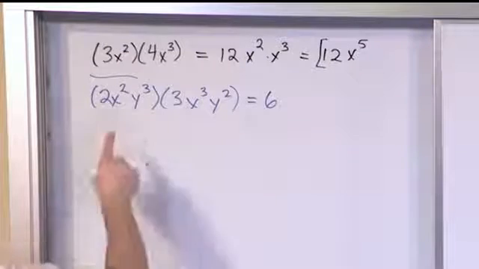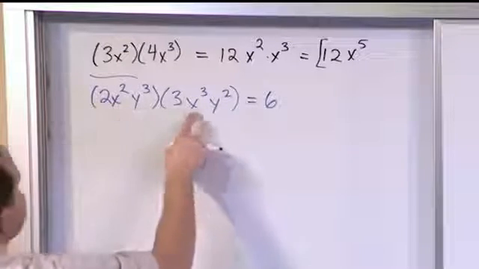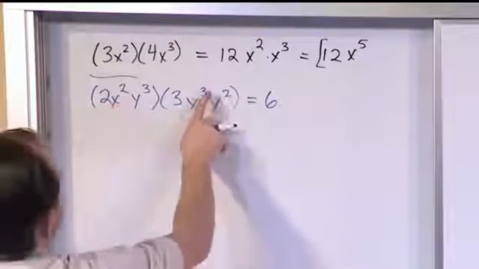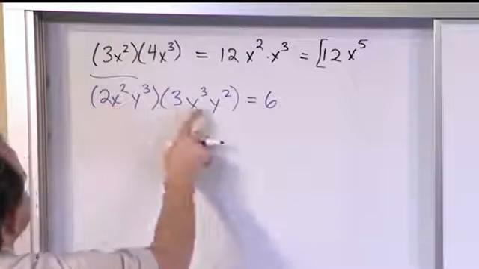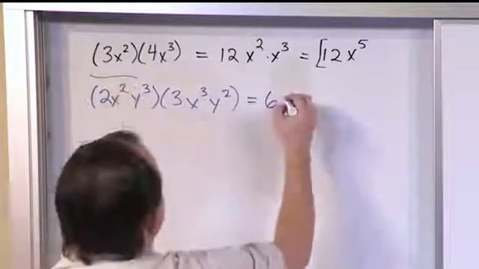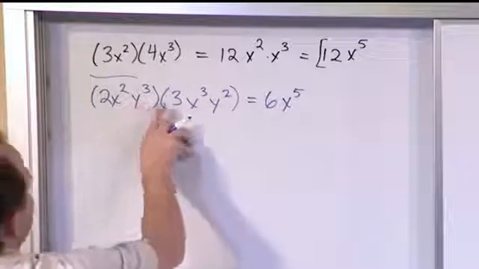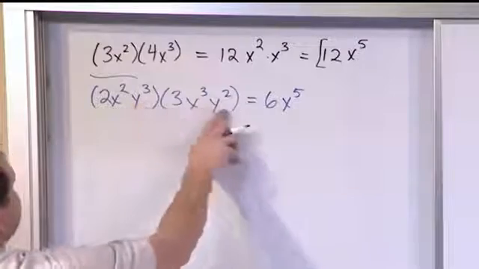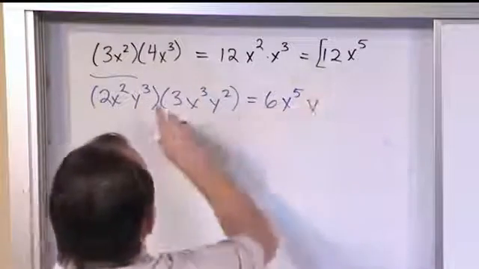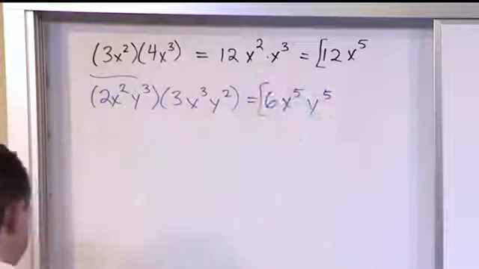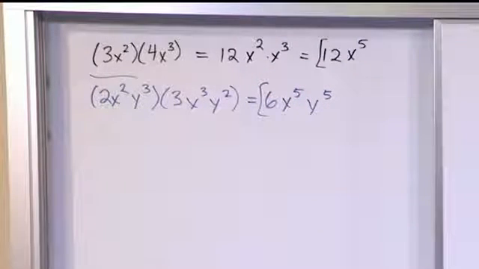Then you'll have x squared times x cubed. They have the same base, so you can just add the exponents, x to the 5th, just like before. And then you're also multiplying y cubed times y squared. I have the same base, so I just add the exponents. 3 plus 2 is 5. So I have 6x to the 5th times y to the 5th.